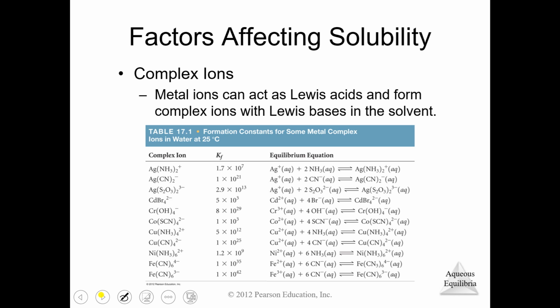What happens is these complex metal ions, the metal in the center, can act as a Lewis acid and form more complex ions with Lewis bases in the solvent. So it just becomes very complicated in structure. Looking at these examples, if your complex ion is this first one, it breaks down. These can often form more very complex ions with Lewis bases in the solvent, so it'll dissolve more.